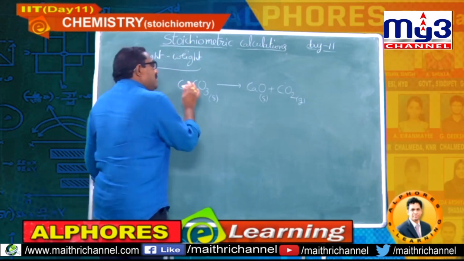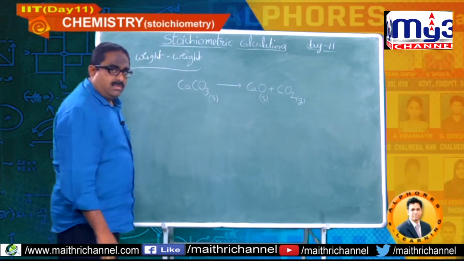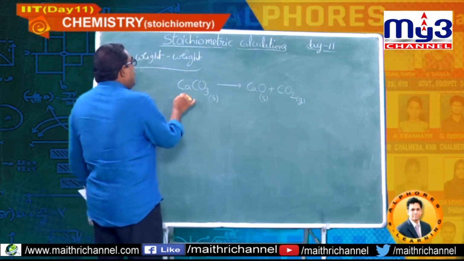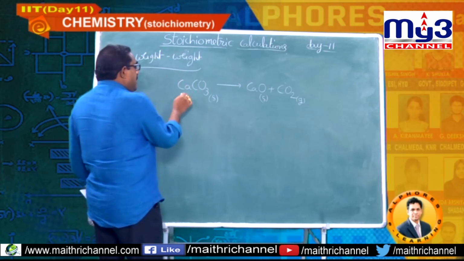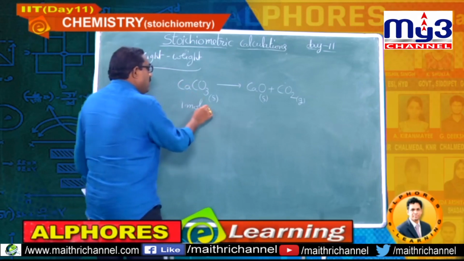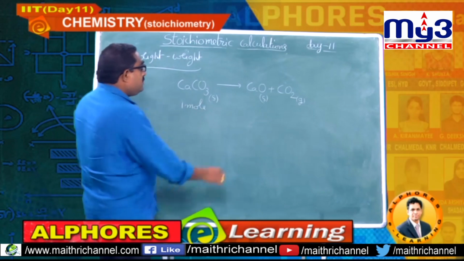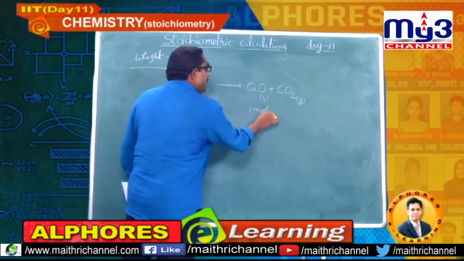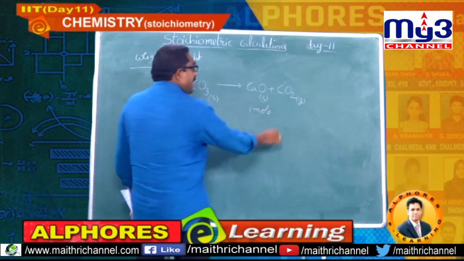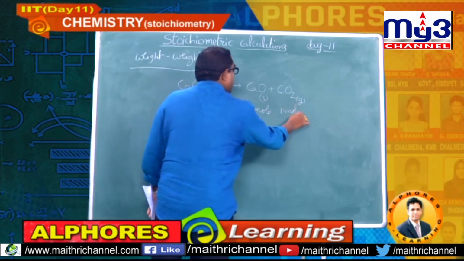This is the balanced chemical equation, no doubt. The stoichiometric coefficient is nothing but 1 here, so simply I can write 1 mole. Here also you will get 1 mole of calcium oxide, and here you will get 1 mole of carbon dioxide.